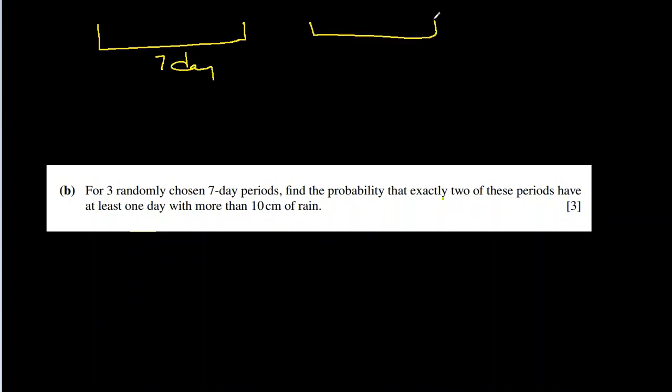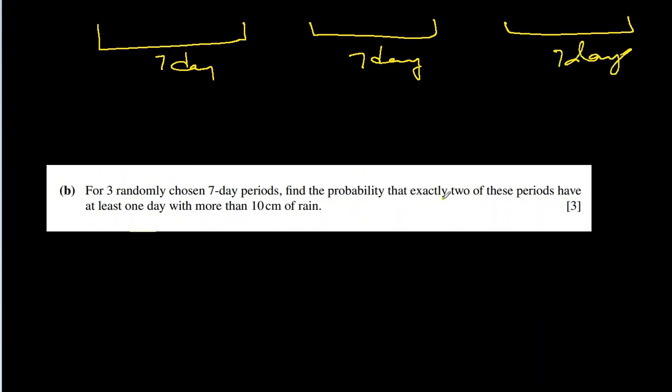Okay, B part. For 3 randomly chosen 7-day periods. Earlier we had only one 7-day. Now we have 7 days, again some other 7 days, and some other 7 days. Period.